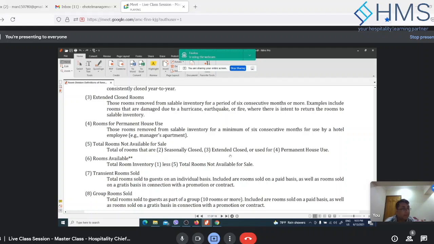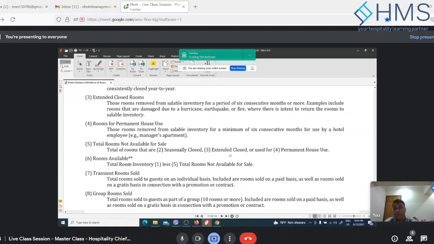If yes, we would like to keep the room in the available inventory, because we want to sell as much as we can. So the rooms which are not available to sell are only those closed, seasonally closed, extended close, or permanent house use. And the rooms available will be room inventory minus these three types of rooms only.